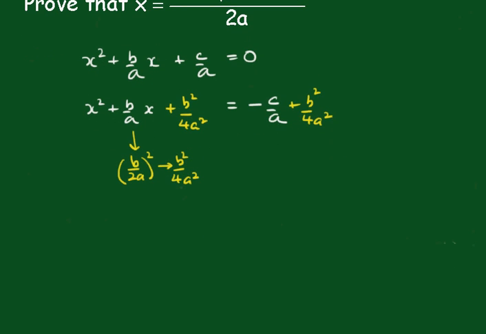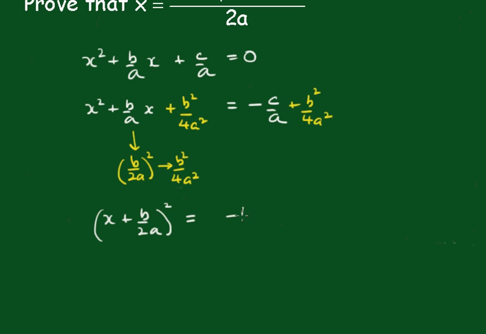Alright, now this is now a perfect square, so this will be x plus b on 2a all squared. And you can check that out and expand it out if you like, just to see if this does work. Now this is over a common denominator of 4a squared, so I need to multiply that by 4a.